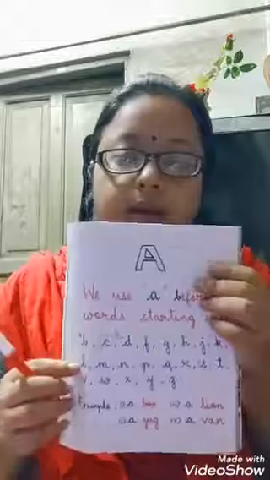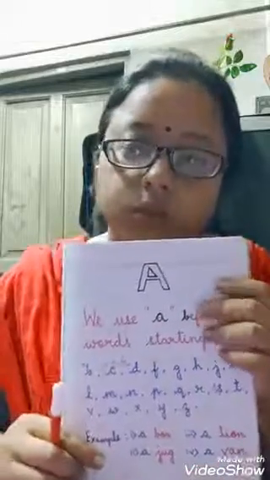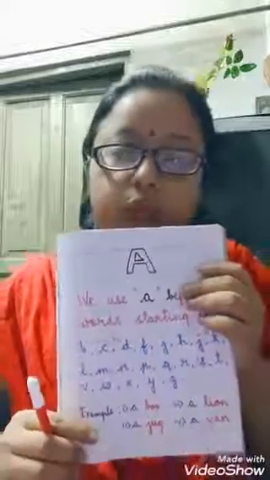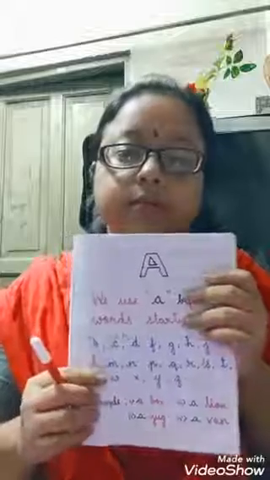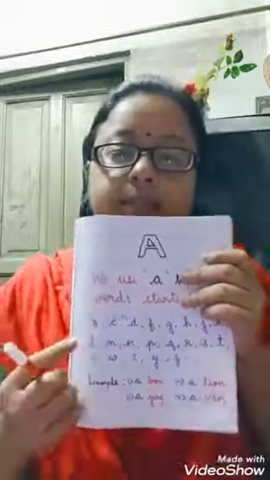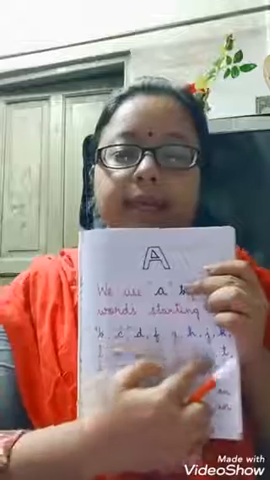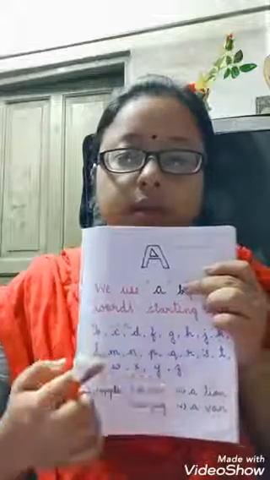Apart from those 5 alphabets, the rest of the alphabets are known as consonants. So whenever a word starts with any of these alphabets, we use a before it.